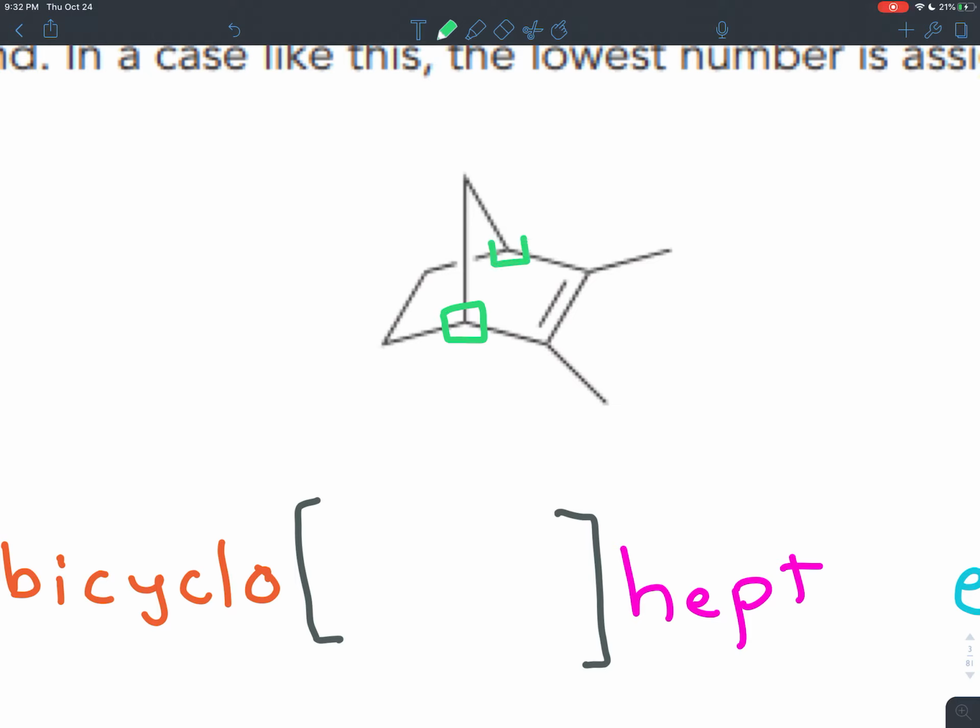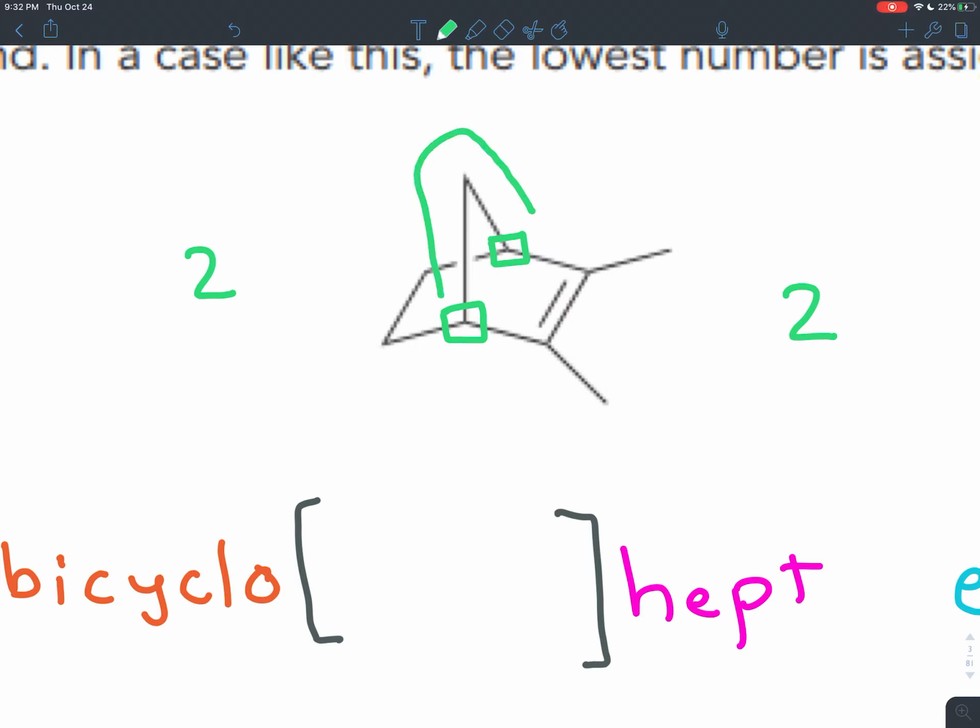So that's going to be this carbon in front and this carbon in the back. Excluding those 2 carbons, how many carbons do you have to the left of them? Well, we have 2. How many carbons do you have to the right of them? If you were walking along the chain to get from one to the other, how many carbons would you pass over? Well, we'd have 1 and 2 again.